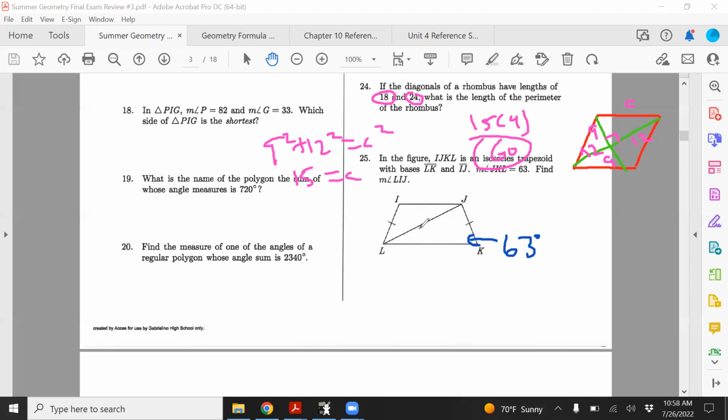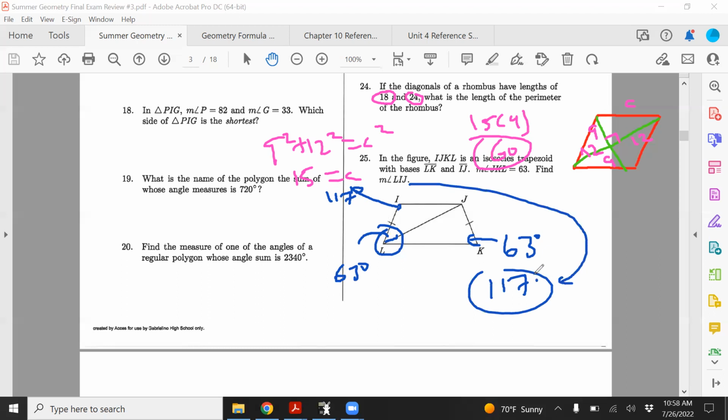Then we also know that this will also be 63 degrees, making this 117 degrees, because they're parallel. And that's what they want. So it's 117. They want LIJ. Okay, so yeah, that's a good one too. I think it's a good one also.